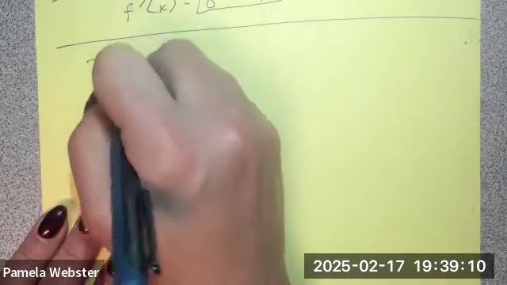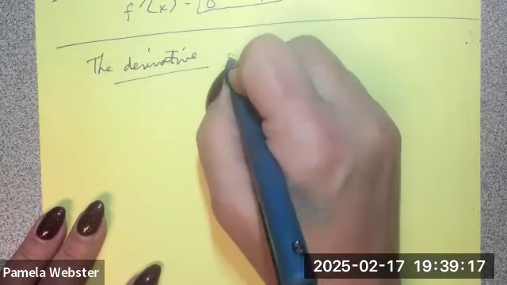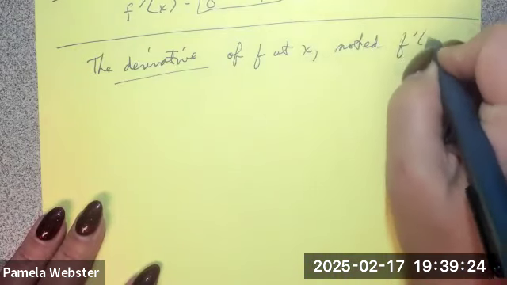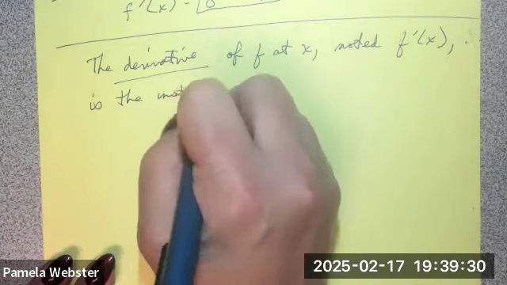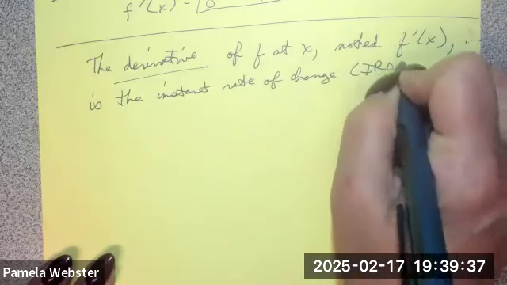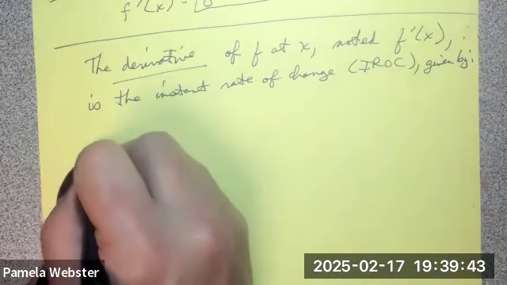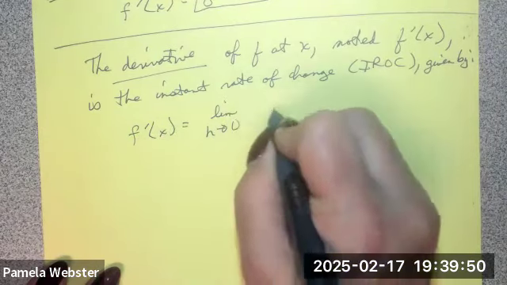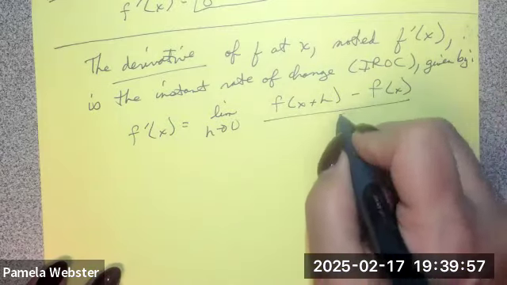Okay. So as a reminder, the derivative of f at x, which we note as f prime of x, is the instant rate of change, IROC, given by f prime of x equals the limit as h goes to 0 of f of x plus h minus f of x, all over h.